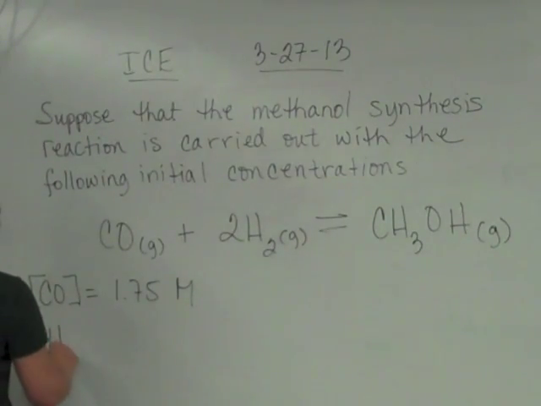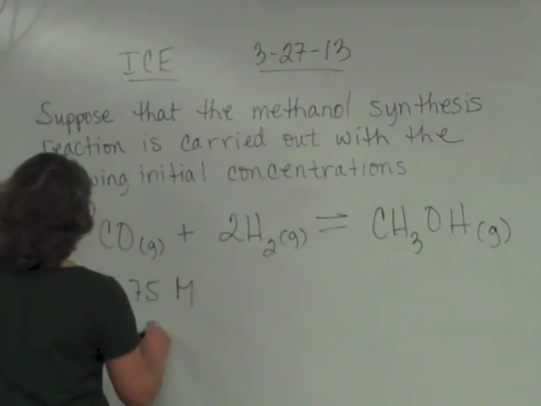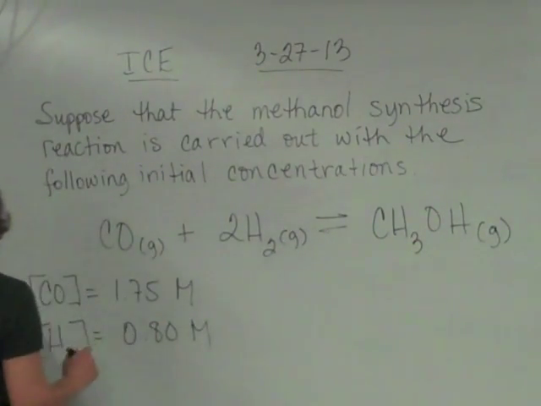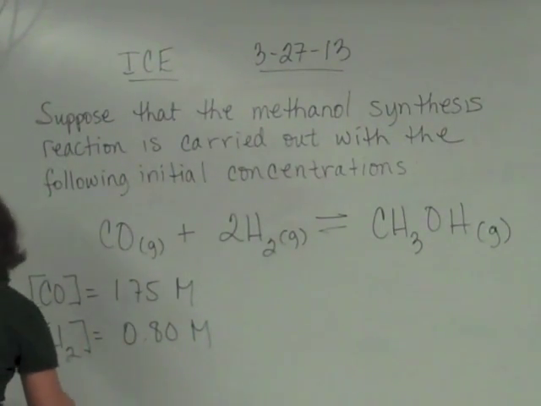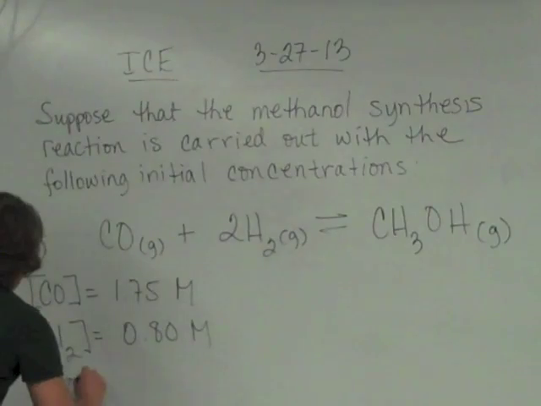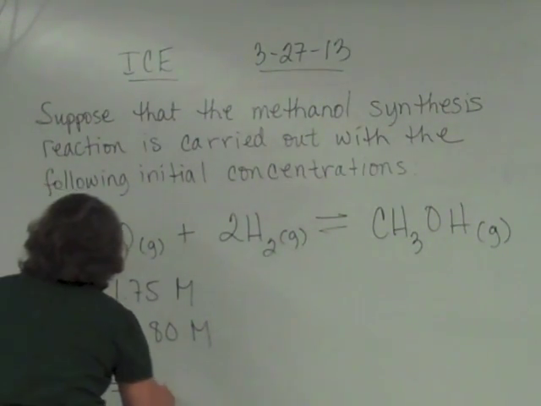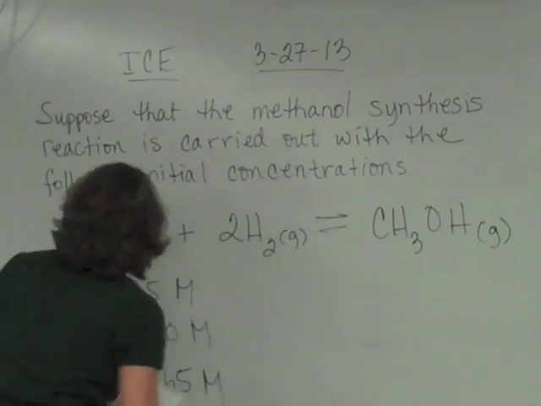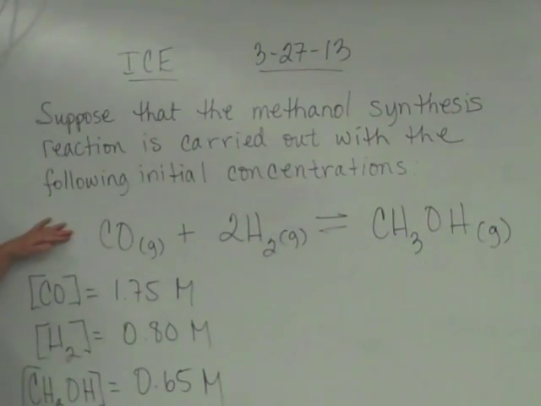The hydrogen concentration starts out being 0.80 molar, and the methanol concentration actually begins at 0.65 molar. Okay, so this reaction is going in a vessel, and there's already product there. Okay, so there's 1.75 molar carbon monoxide, 0.8 molar hydrogen gas, and 0.65 molar methanol.